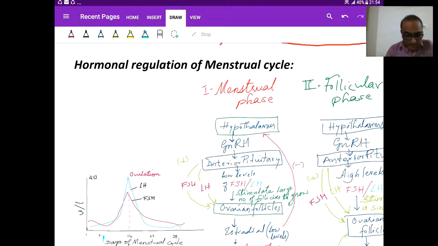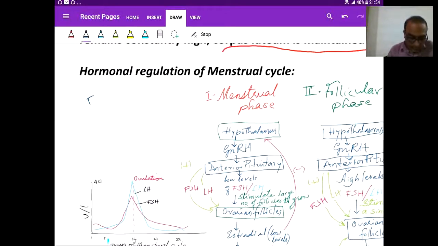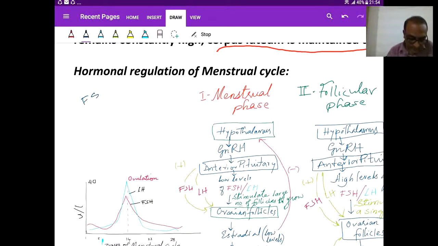There are mainly 4 hormones which are regulating the menstrual cycle. They are follicle stimulating hormone, FSH, luteinizing hormone, LH, then estrogen, mainly the estradiol, and then progesterone.